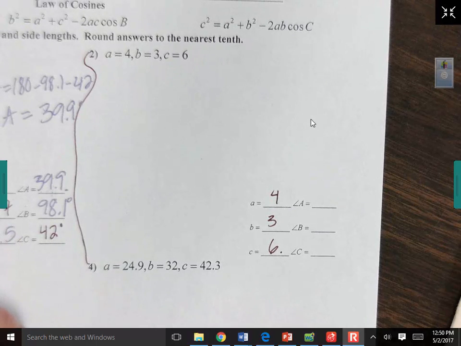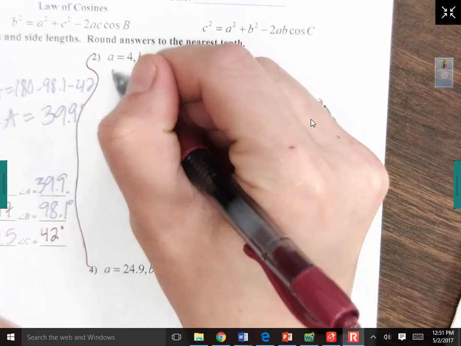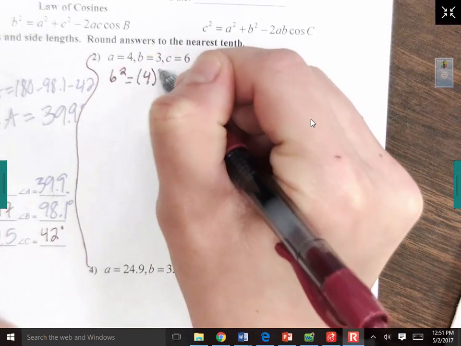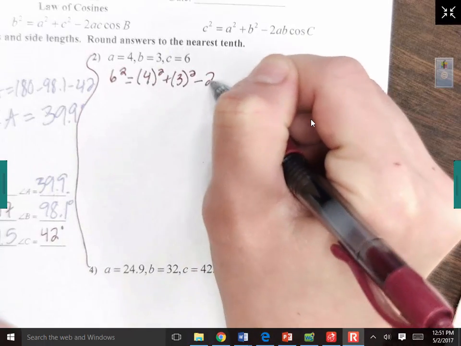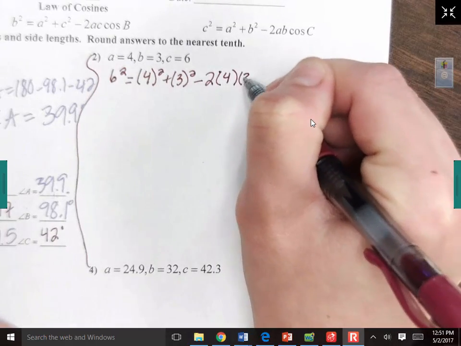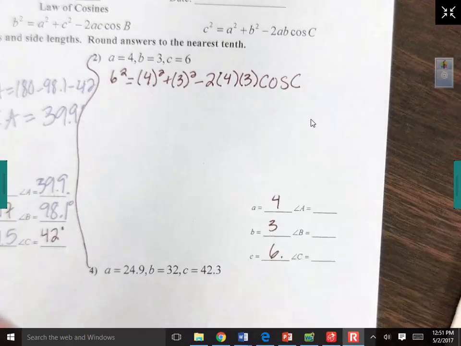Right, very good. 6 is a greater number than 4 and 3, so it's the longer side. So we'll start with 6, and we'll have 6 squared is equal to 4 squared plus 3 squared minus 2 times 4 times 3 times the cosine of C.